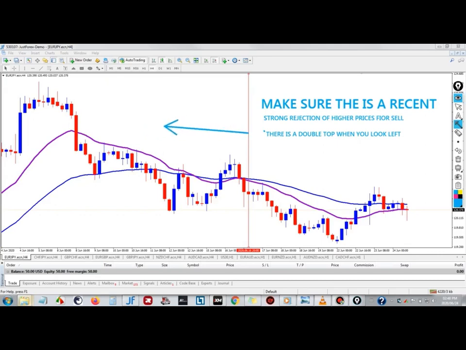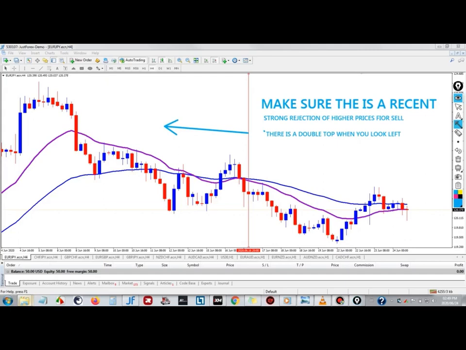Okay, let me emphasize this. This is more applicable to a trend that has recently changed from an uptrend to a downtrend.